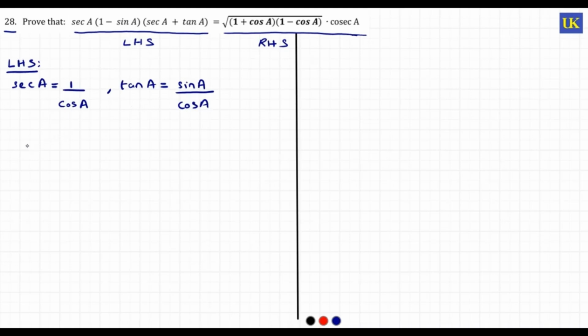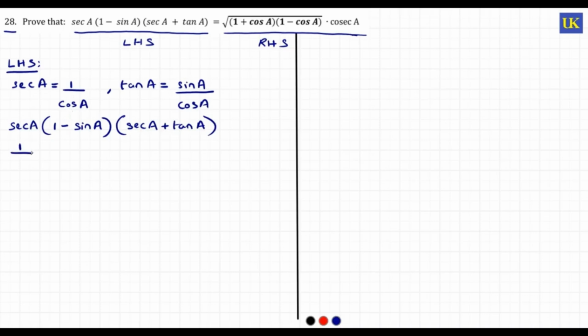So now first of all I will write the equation that is given. So sec A into 1 minus sin A into sec A plus tan A. Now instead of sec A I will write 1 upon cos A here.